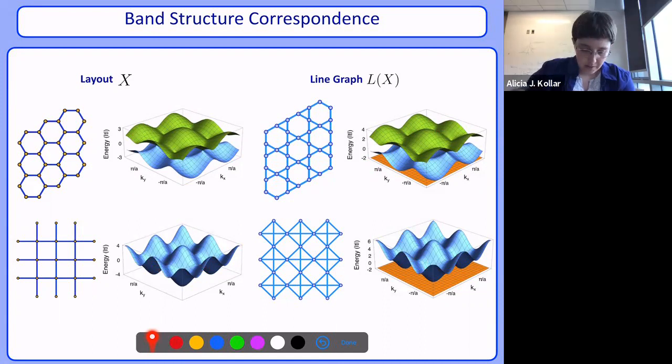Now this was a fact that was, I believe, completely unknown to physicists, but actually well known in graph theory. So what Peter and I did was to link the graph theory result back to the physics and show that this mapping is in fact exact.